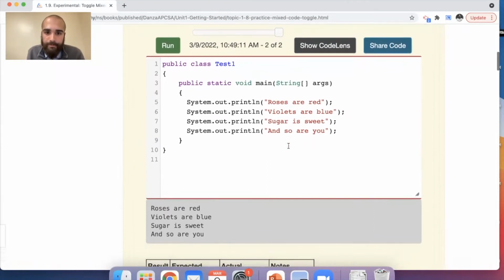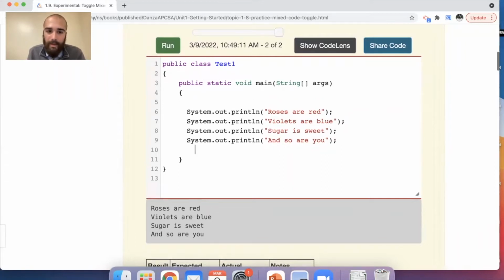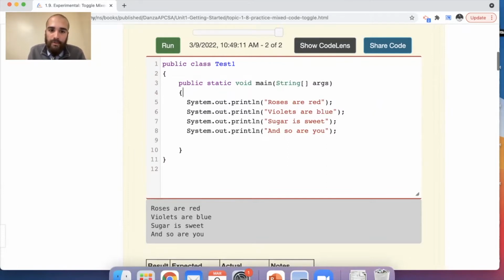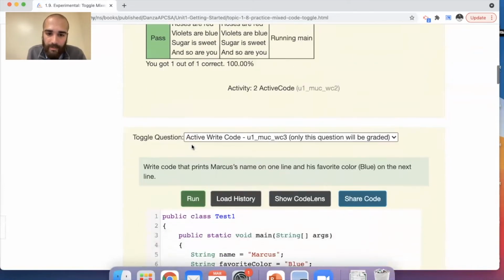Some people like having a gap between lines. You can leave a blank line of code in between. That's fine. Some people just have their own preferences. It's nice if you're working on a project together to have the same standard, or the same convention, that you're all working by.